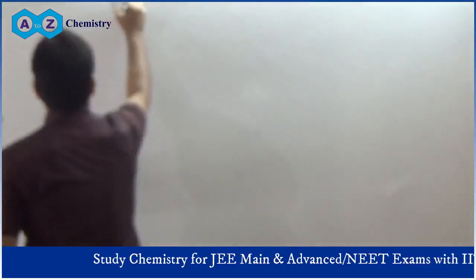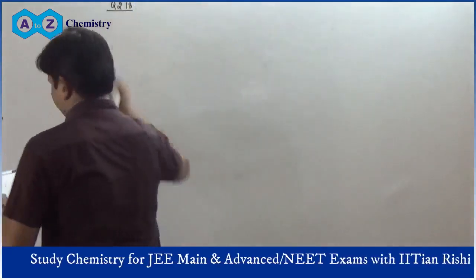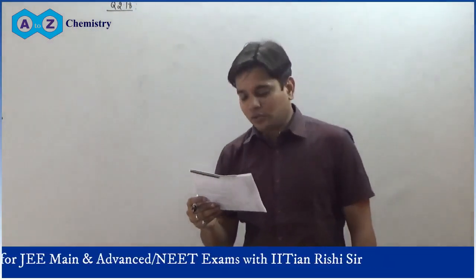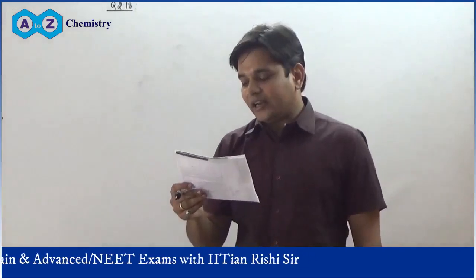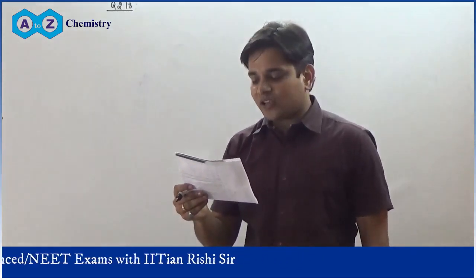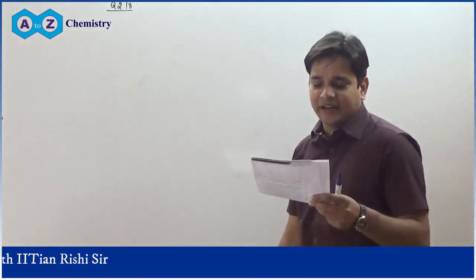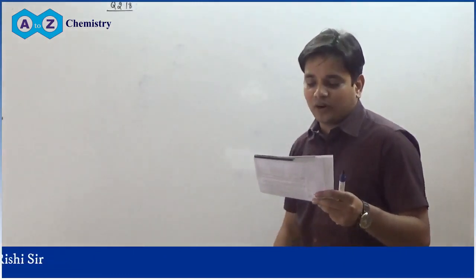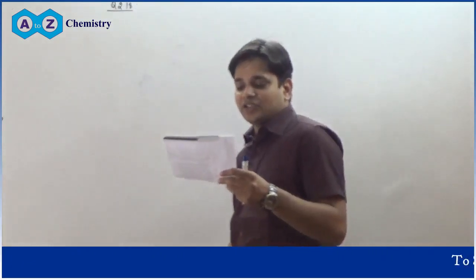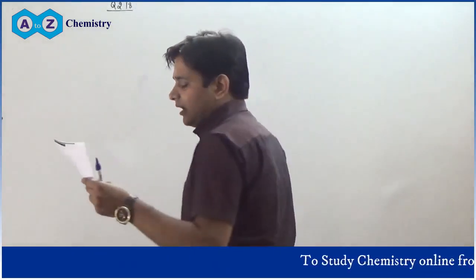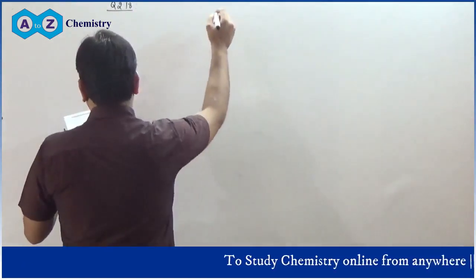Question number 2.18. In this question: what is the energy in joule required to shift one electron in hydrogen atom from the first orbit to the fifth orbit, and what is the wavelength of light emitted when the electron returns to the ground state? The ground state energy of hydrogen atom is given as minus 2.18 × 10^-11 joules.